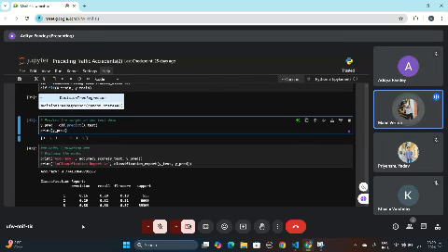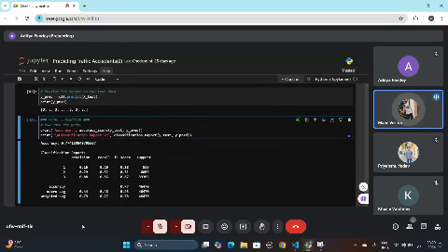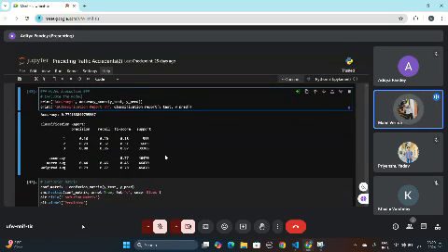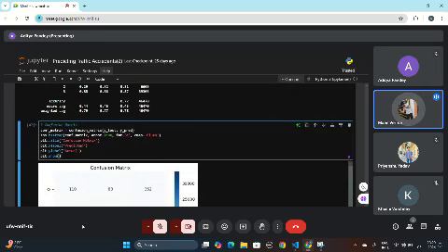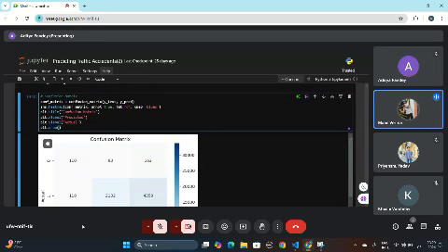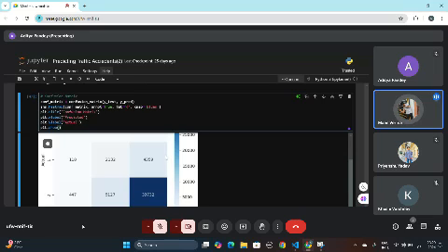Now we will be evaluating our model by checking the accuracy and classification report. The accuracy of our model is currently 0.77, that is 77.4%, and here are the precision, recall and F1 score values. Now we will be applying the confusion matrix here by using y_test and y_pred.